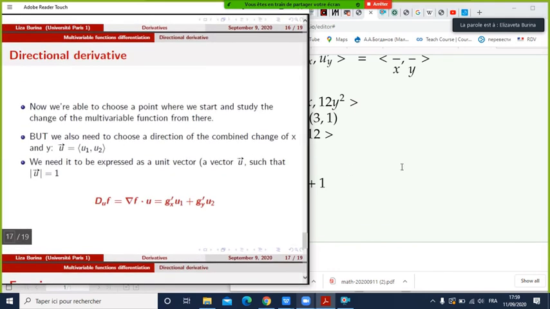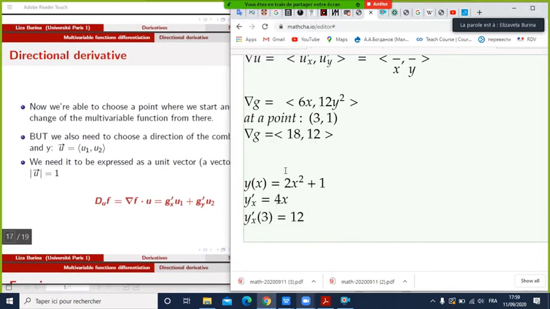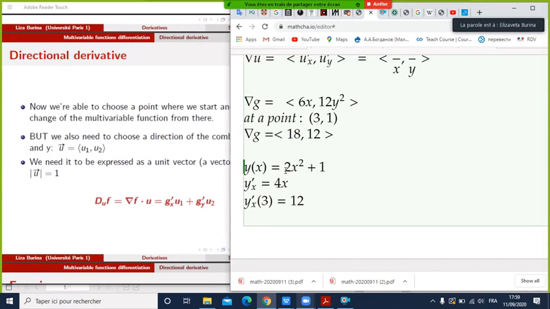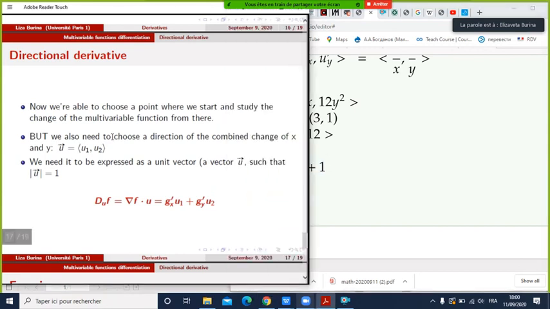Directional derivative again. So directional derivative will help us to do this, but for the multivariable case. And now we're able to choose a point where we start and study the change of the multivariable function there. Well, for the gradient, I was also choosing a point, so you're more or less familiar with that. But we also need to choose a direction of the combined change of x and y.